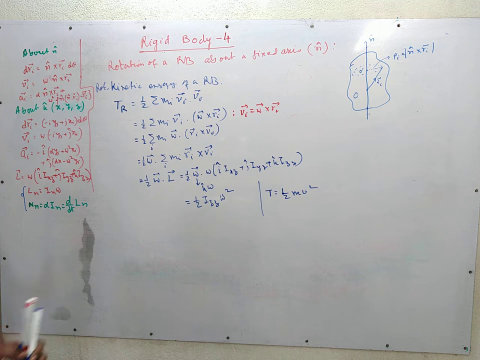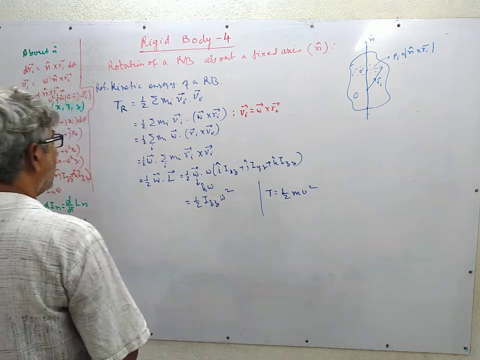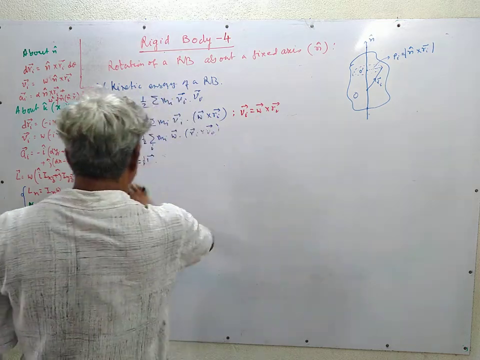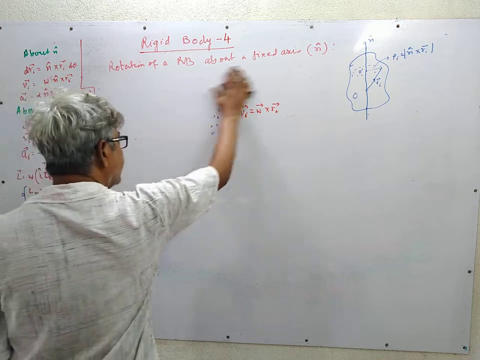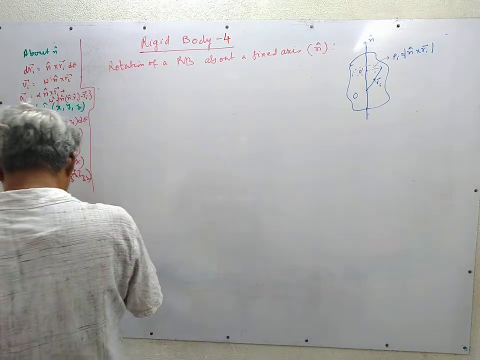For scalar quantities you need not take components, it is valid in its original form. Now, the last thing that we shall consider is the work done in rotating a rigid body by an amount theta.